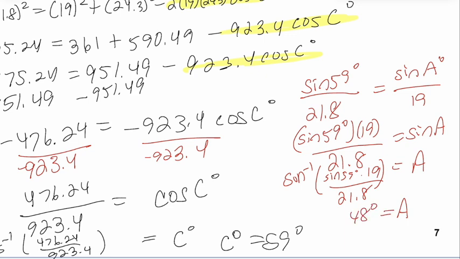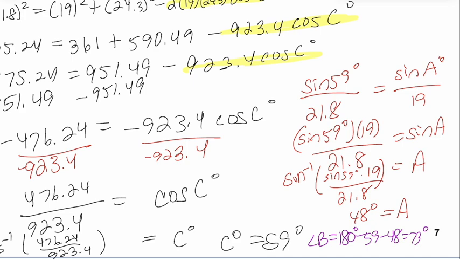That's 48 degrees. Now, as soon as you find two angles, the last one you can find just by doing the 180 rule. So angle B is 180 minus 59 minus 48. So 180 minus 59 minus 48 is 73 degrees.